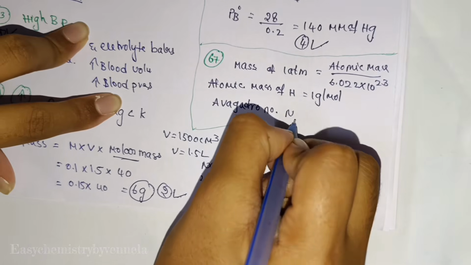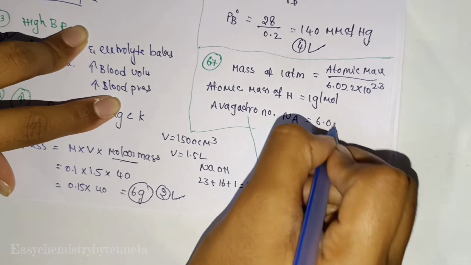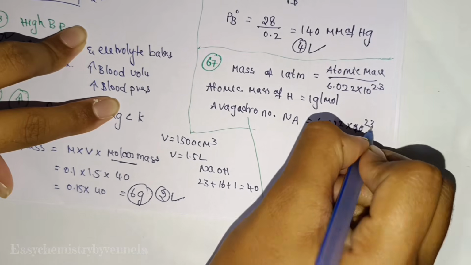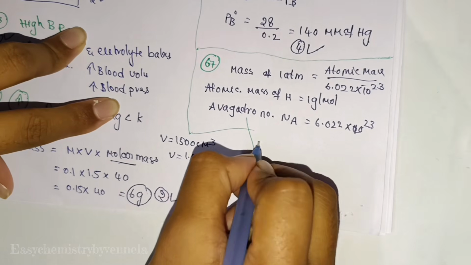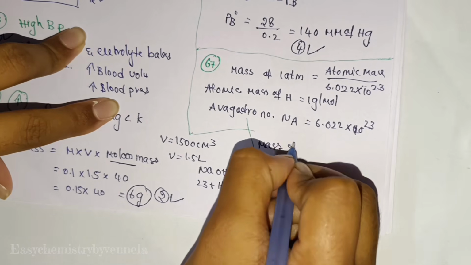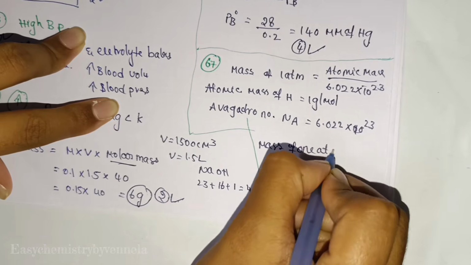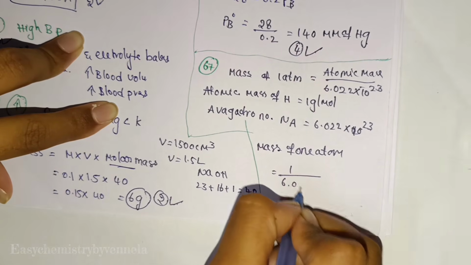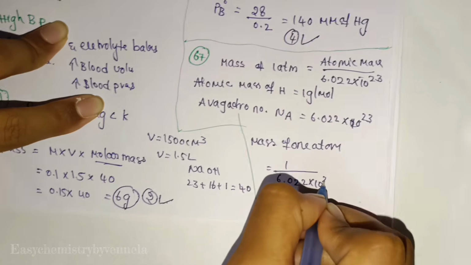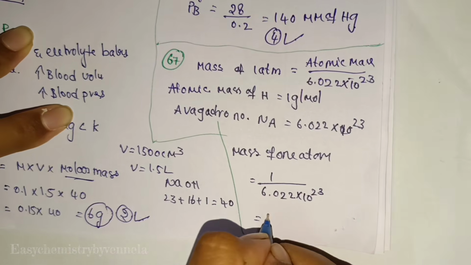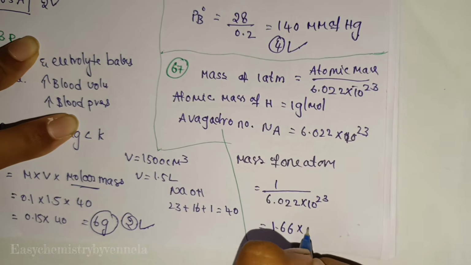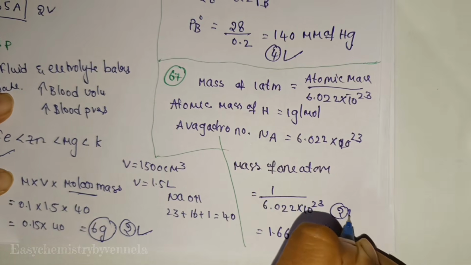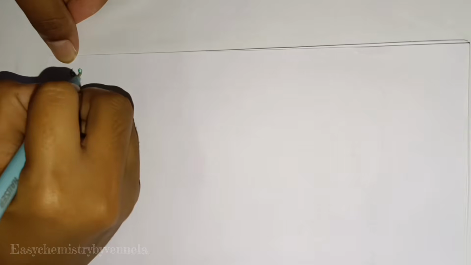Avogadro number is 6.022 into 10 power 23. So you can substitute here. Mass of one atom is equal to 1 by 6.022 into 10 power 23, which is 1.66 into 10 power minus 24 grams. The second option is the correct one.